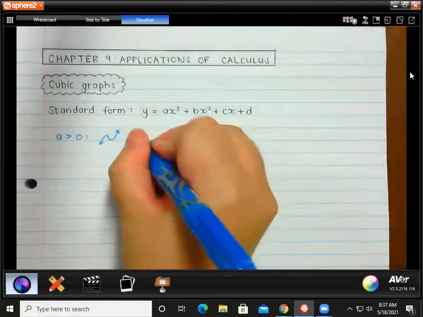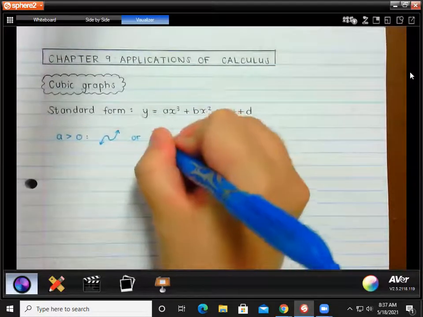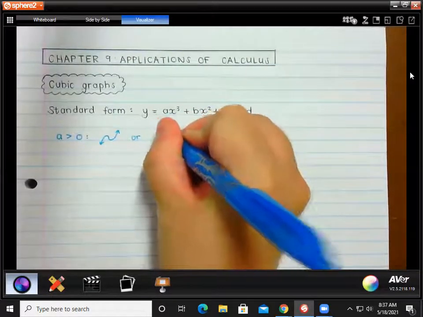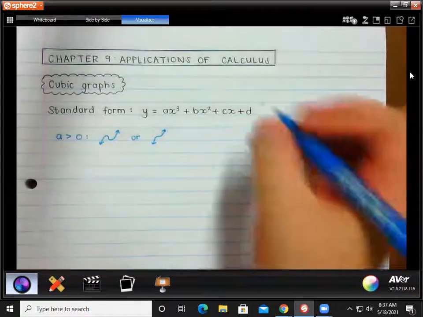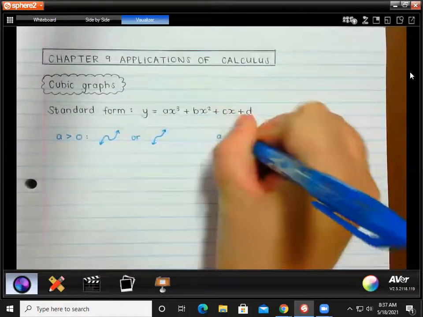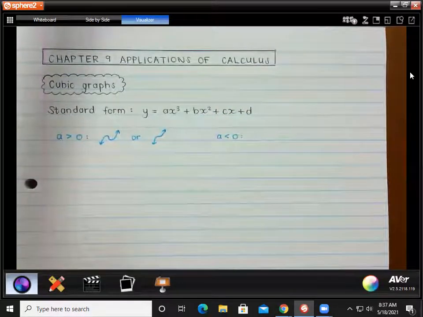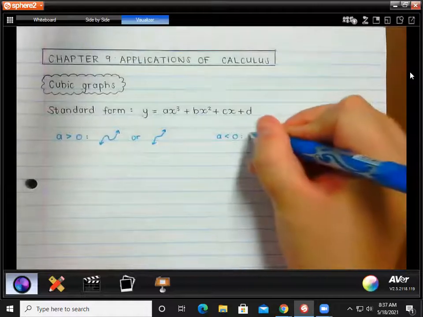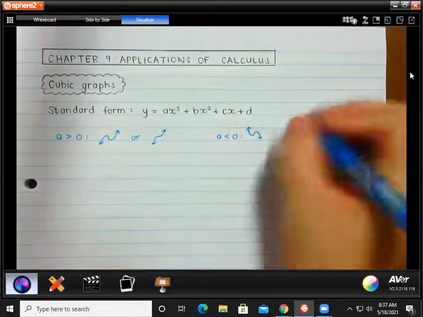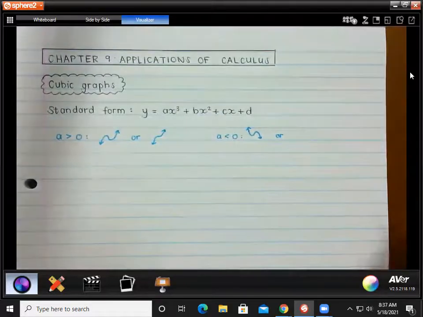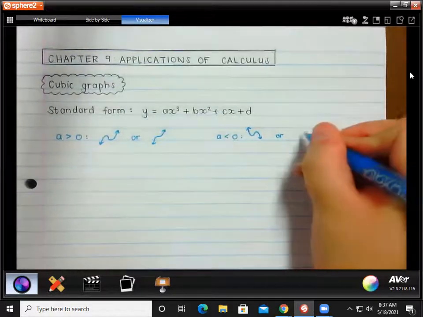Sometimes you get graphs that don't have a big dip like that, and it can just have a flat bit in the middle. We'll do ones like that. But it's increasing first if your a value is positive. If your a value is negative, it's the other way around, so it will be decreasing first. It can have that kind of shape, or one with a flat bit on the other side.